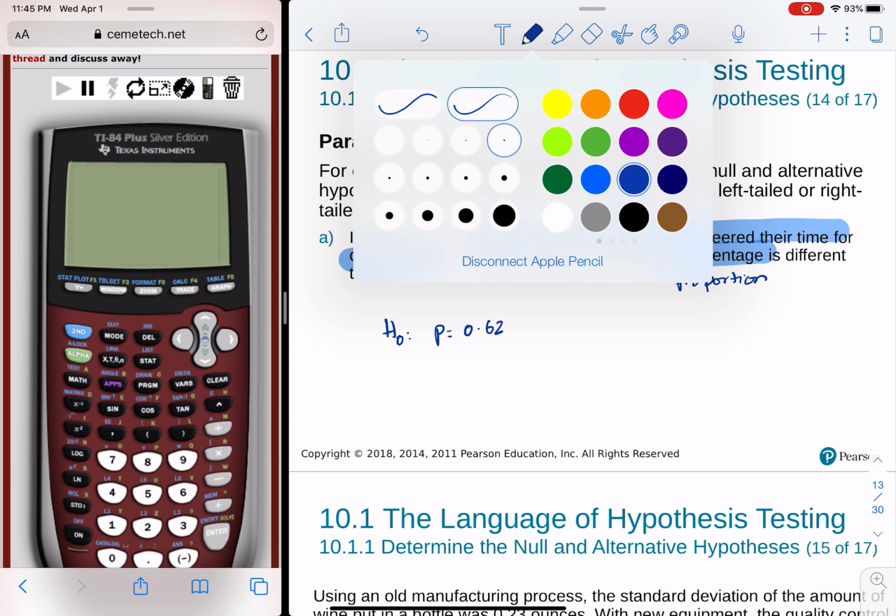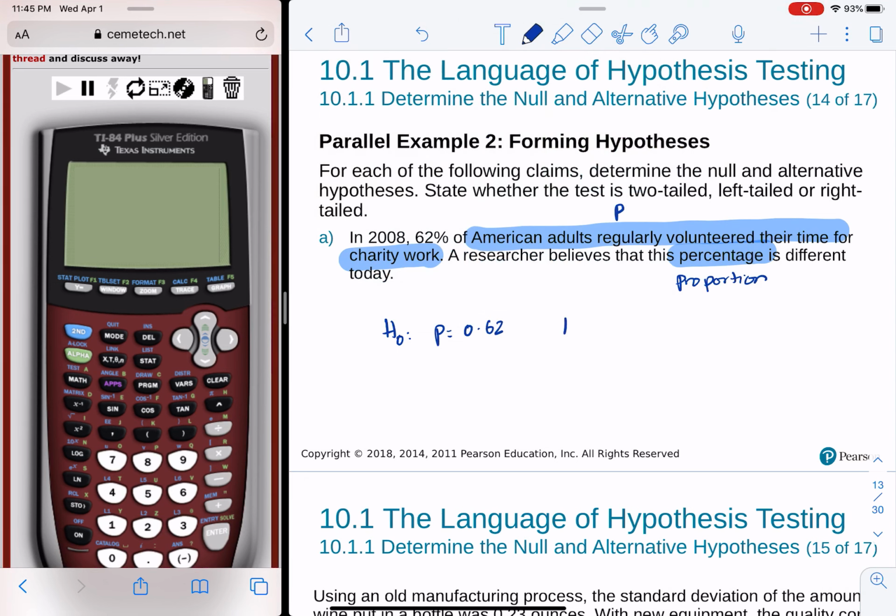Today, the researcher is making a claim that it is different from 0.62. Different in the sense it is not equal to 0.62.